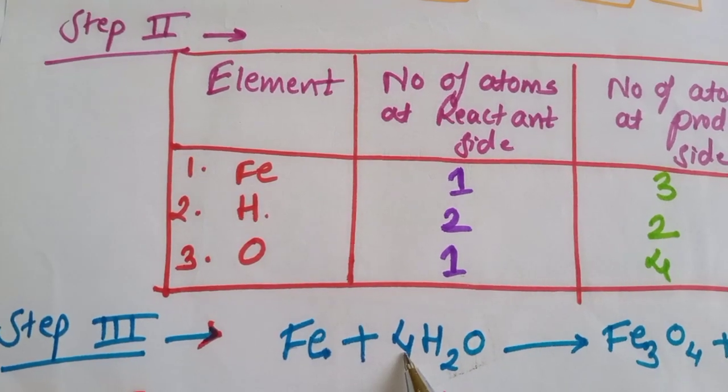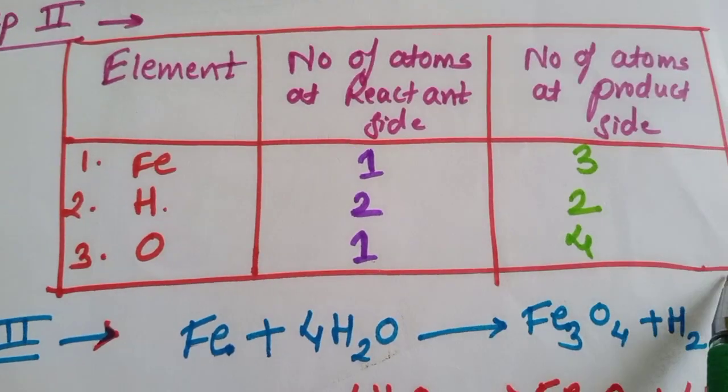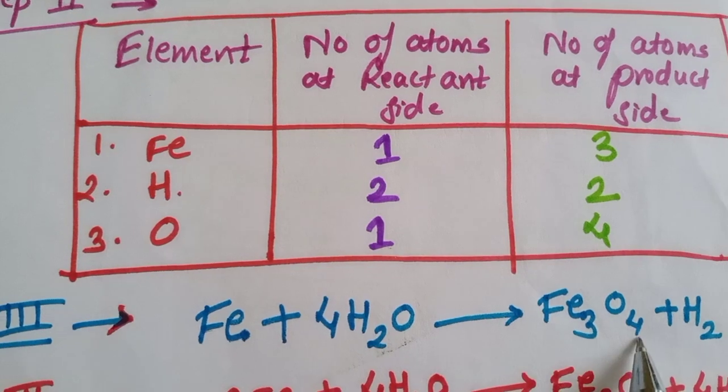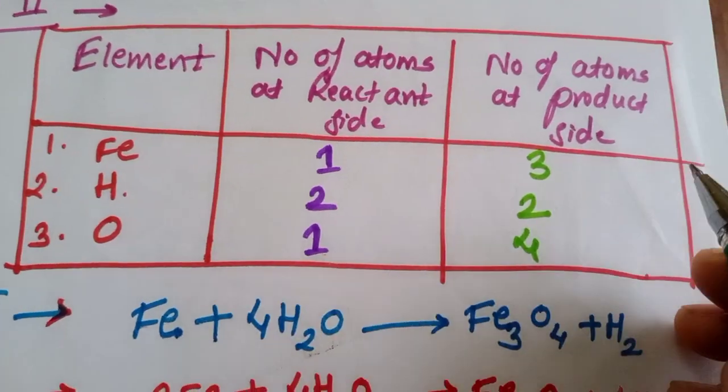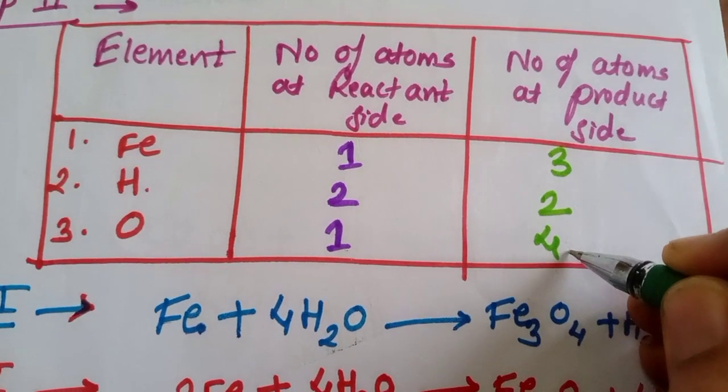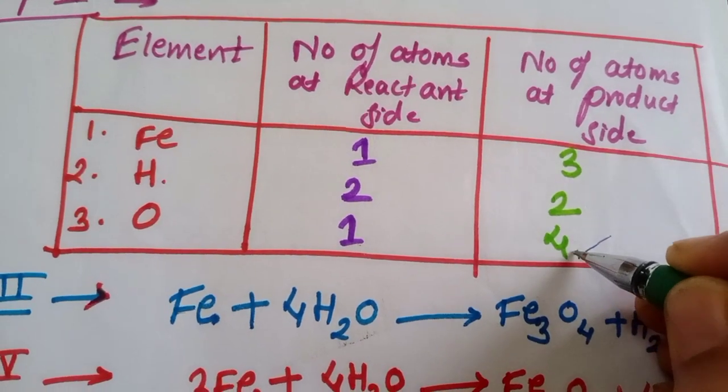Here we are having 4 oxygen atoms, on the RHS we are having 4 oxygen atoms. So this is balanced. So oxygen atoms are balanced. Okay, just put a tick mark.